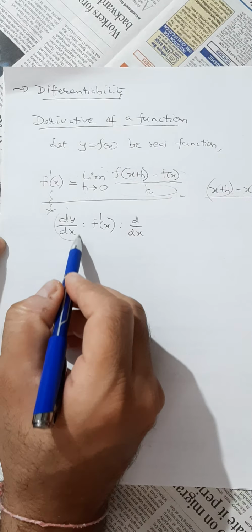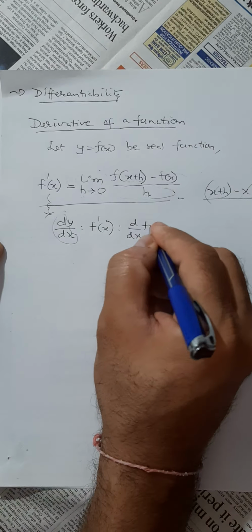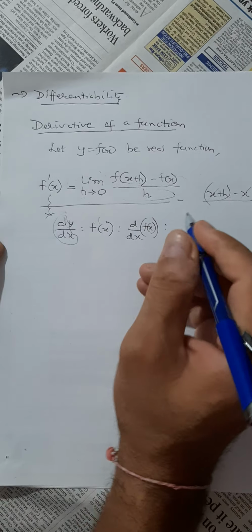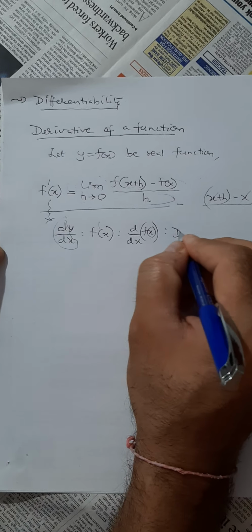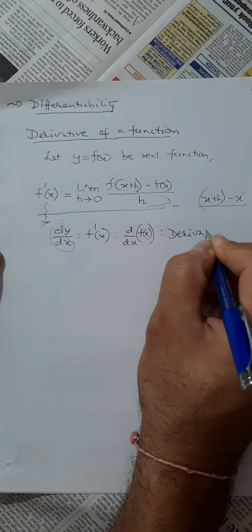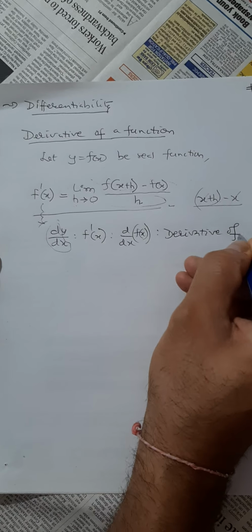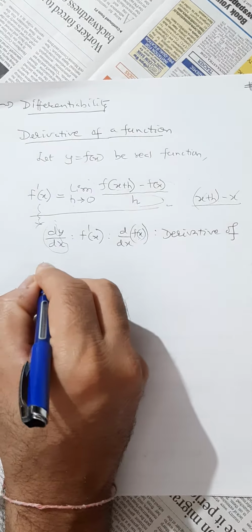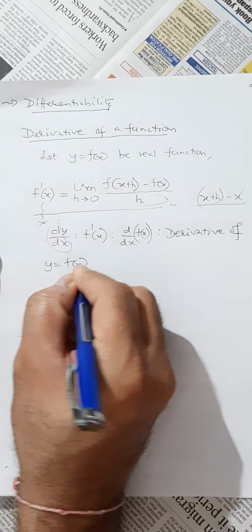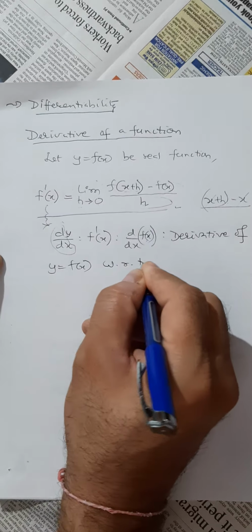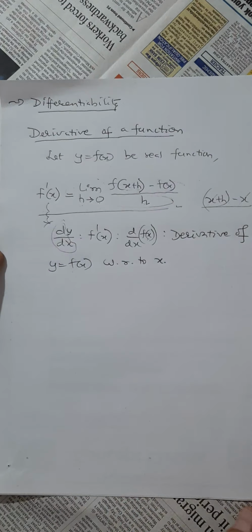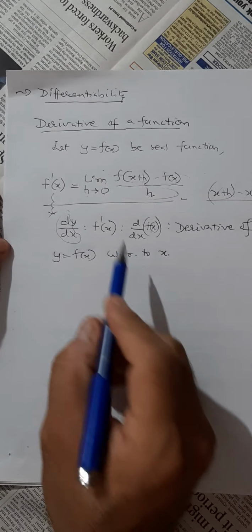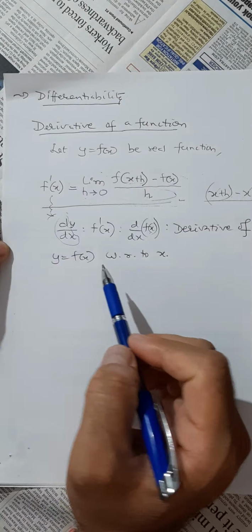This is the operator of f(x). So this is read as the derivative of the function, or y, derivative of y = f(x) with respect to x. This we know from 11th standard, right? We had a chapter also.